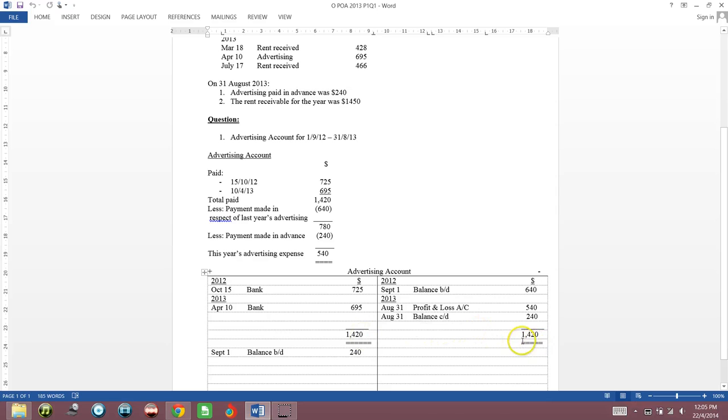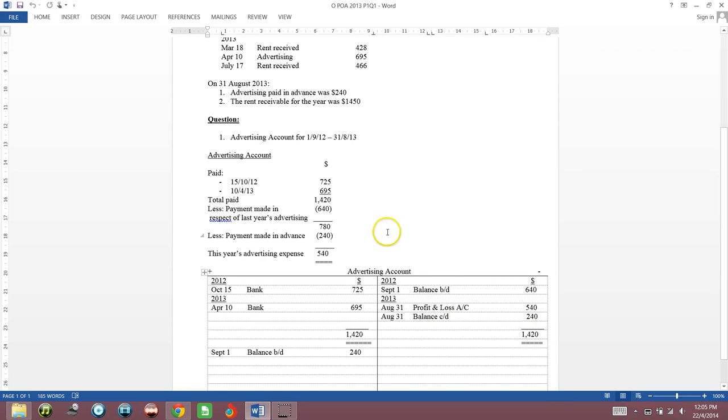Then I put the same number, 1420, here. So 1420 minus 240 minus 640, I will get 540. So 540, then I put here profit and loss account, because this 540 is the advertising expense for this year.